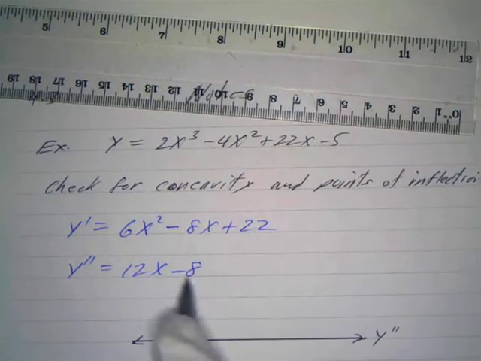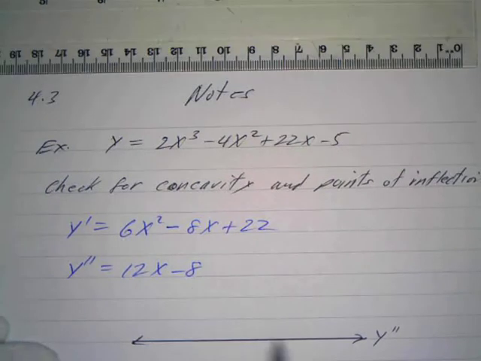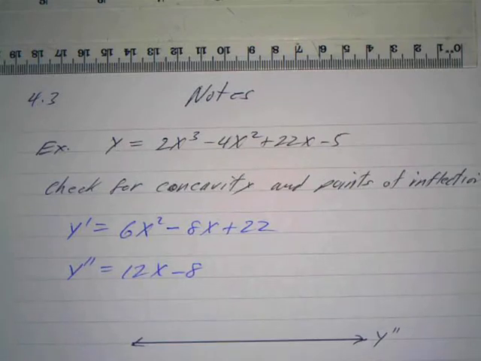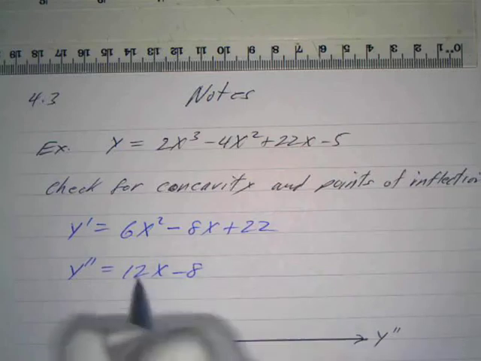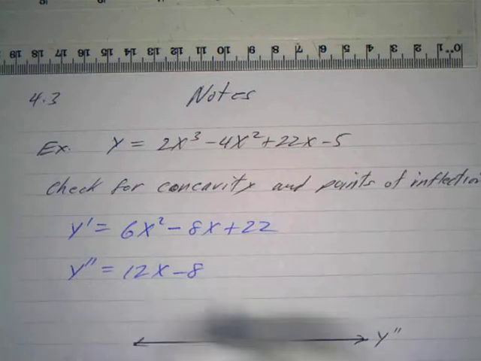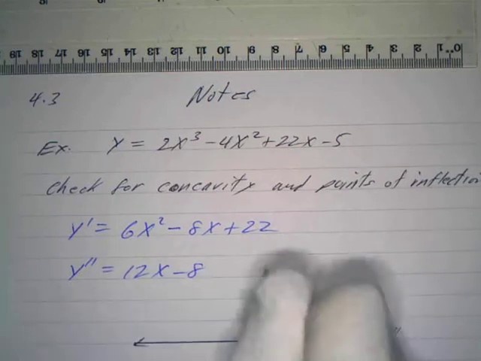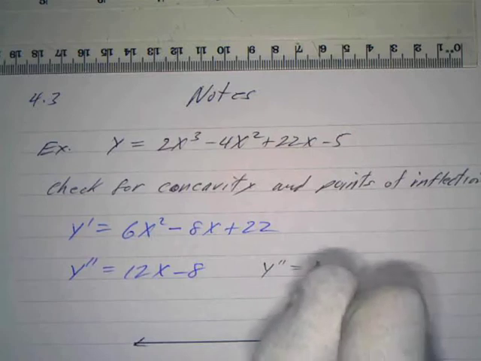We want to see where this is going to be positive or negative, so we set it equal to 0 to find out what's happening with our signs. So let's set y double prime equal to 0. It's not going to be undefined because it's a straight line, so we can just set it equal to 0.